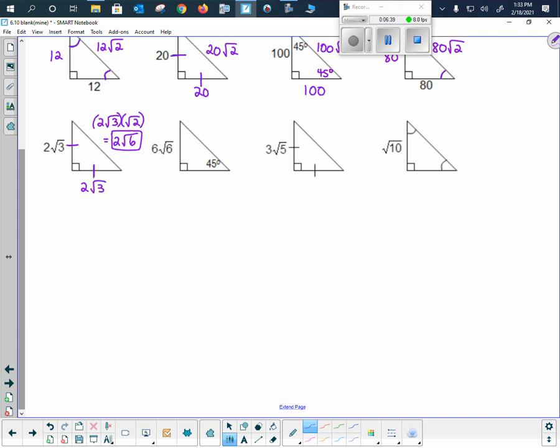Ready? All right, the next one is 45, 45, 90, if you find that. So the bottom length is 6 root 6. Hypotenuse, to get longer, I need to multiply 6 root 6 by square root of 2. All right, so that gives me 6 square root of 12. Square root of 12 does break down further.